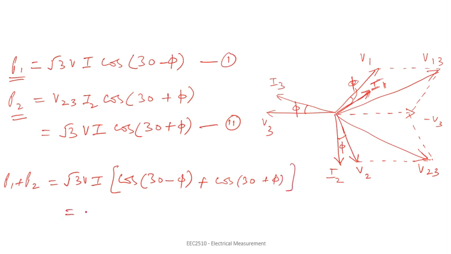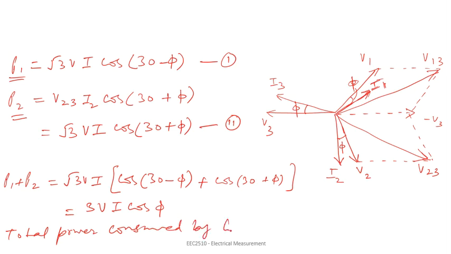So this would be equal to 3 Vi cos phi. This is the total power consumed by the load. So the total power consumed by the load, that is P, should be equal to the summation P1 plus P2.